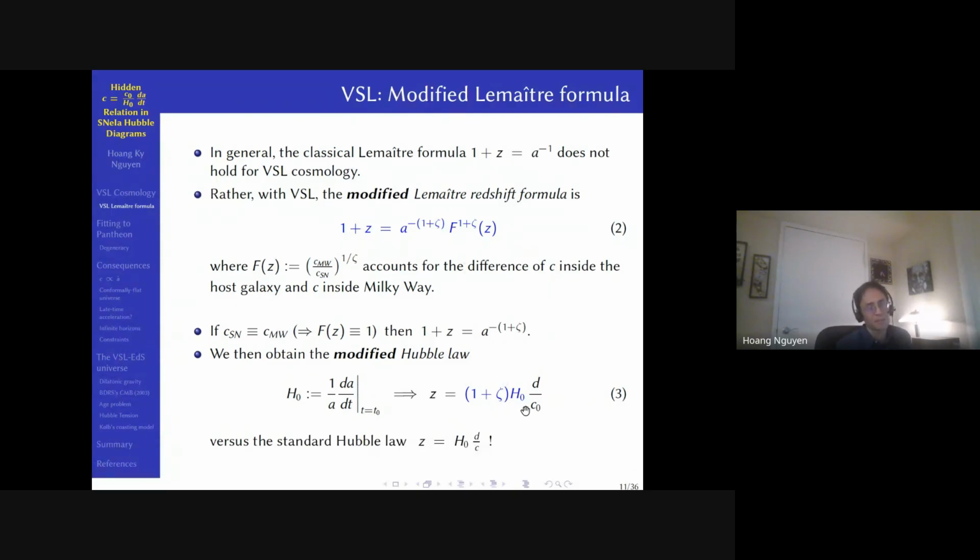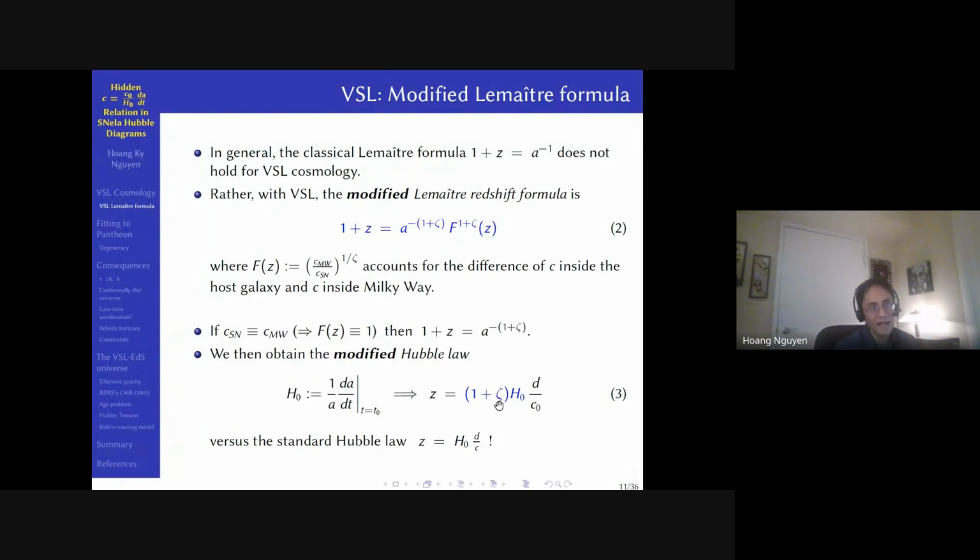And this is important because when we measure the Hubble constant, we plot Z as a function of D. In that case, the slope for this plot would not be H naught anymore, but 1 plus zeta times H naught. Okay, and this coefficient, we know its value will be around 70 numerically, right? And we often identify that 70 kilometer per second per megaparsec to be H naught. But in VSL, that's not the case anymore. We have to divide that value 70 by this coefficient.